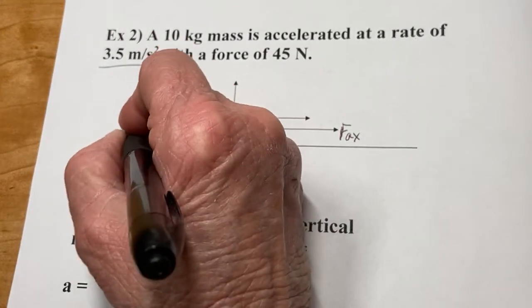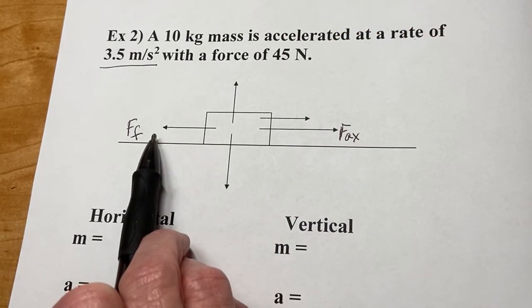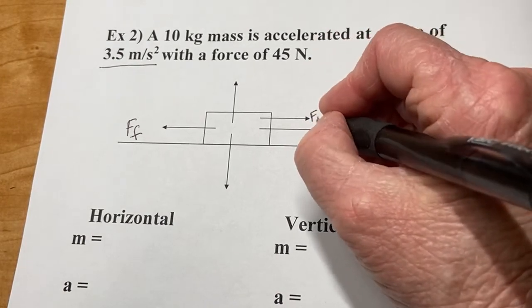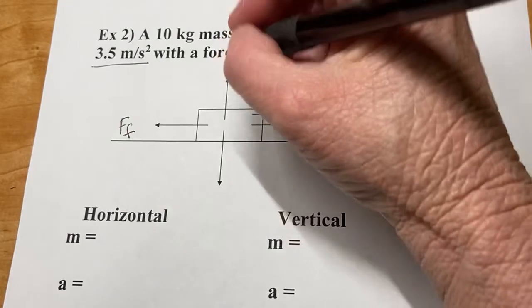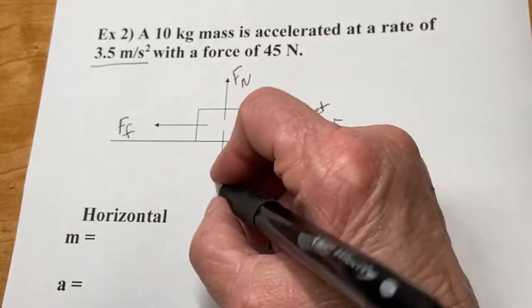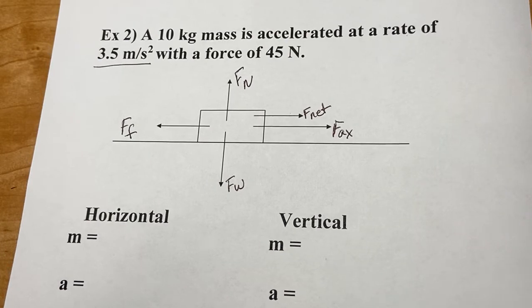Friction opposes it. And basically what happens when you're accelerating is you pull harder than friction, and that gives you a net force. So we actually have something that's not going to be zero. And then the table pushing up is the normal force, the object pushing down is the weight. So those have not changed. So those are the forces.